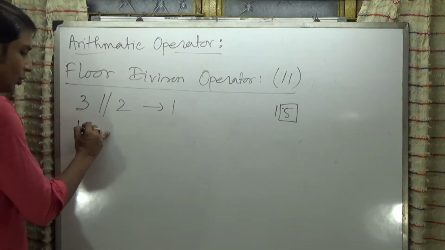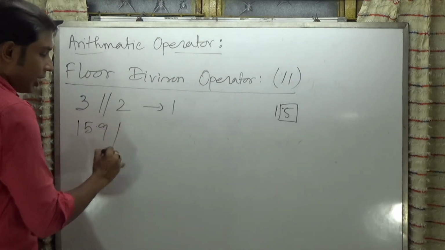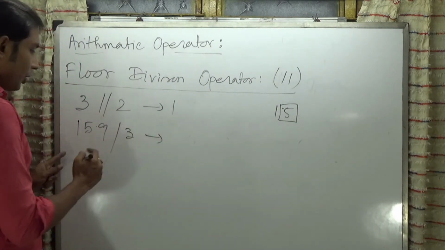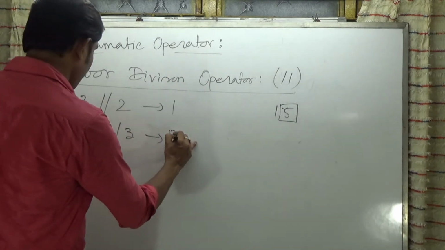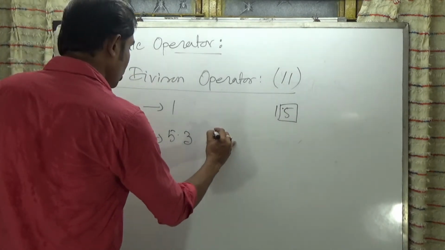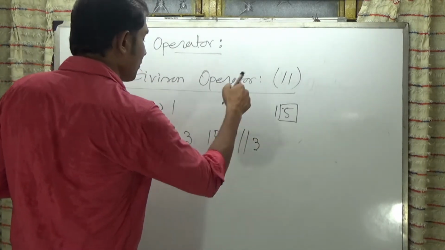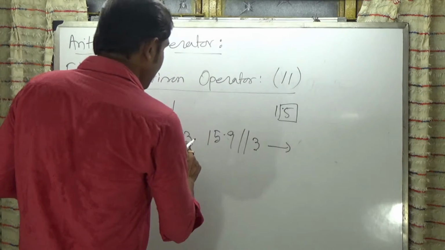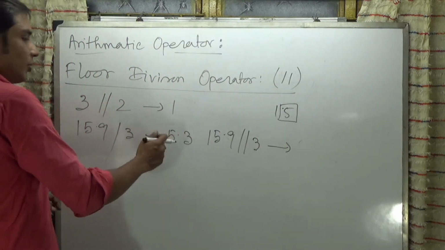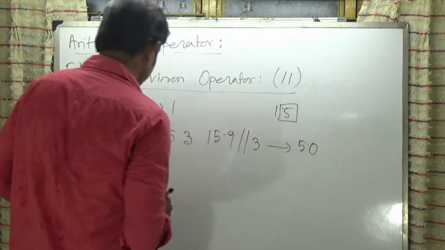Now if I divide 15.9 by 3 using the division operator, the result will be 5.3. But if I do the same thing using the floor division operator, then the 0.3, the fractional part of this result, will be omitted and give the result 5.0.